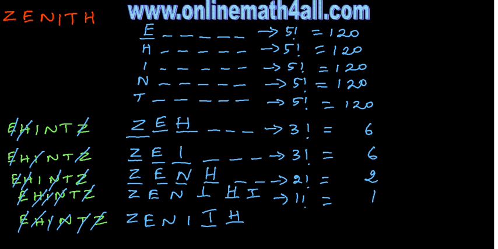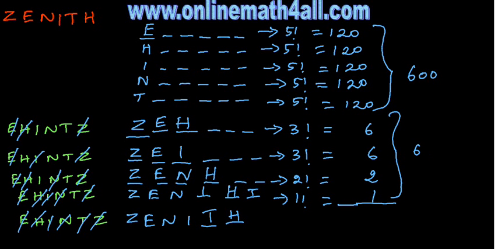So now we have to count the words before zenith. If I add all the number of words before zenith, 120, 120, 120, it gives the sum 600. So 6 plus 6, 12, 12 plus 2, 14, 14 plus 1, 15.